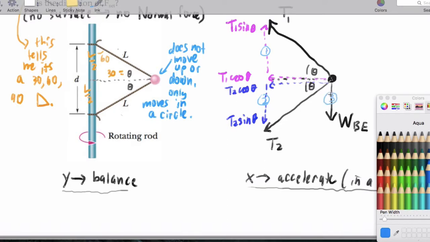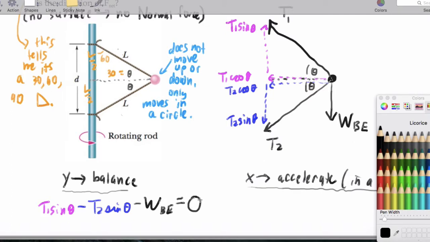So in the y direction, I have those 3 arrows. And I'm going to actually write down the force equation as T1 sine theta minus T2 sine theta minus WBE. And all those forces combine and they actually cancel. They balance because we don't see any vertical movement in the ball.